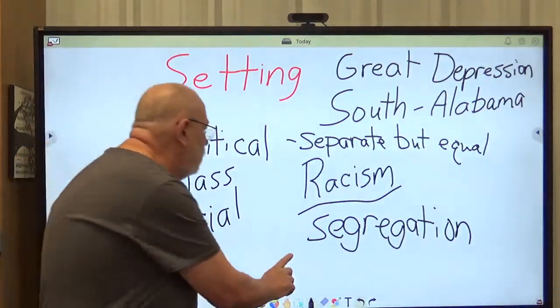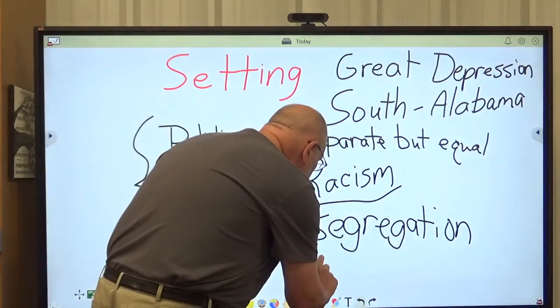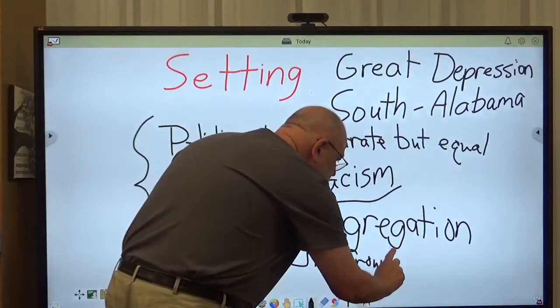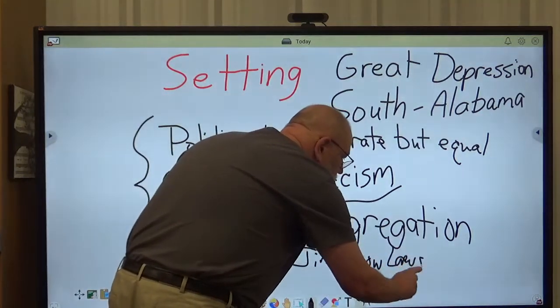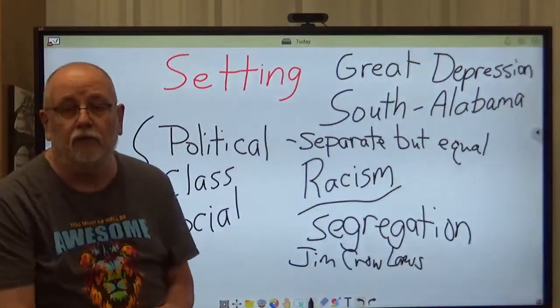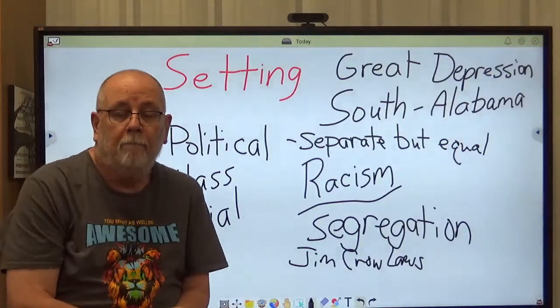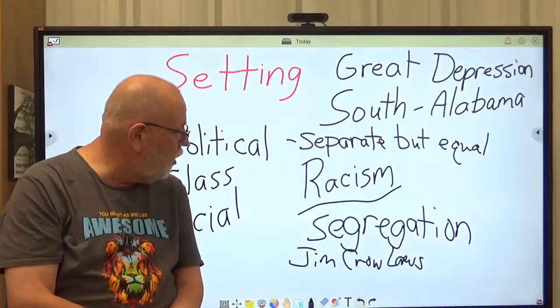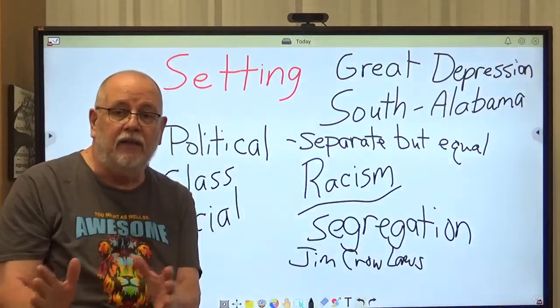There's the thing, and I'm going to have you do some research on this. Maybe one of your research projects. Jim Crow laws. Jim Crow was not a nice term for a black person. Okay? They were called Jim Crow laws. And what the Jim Crow laws did is they kept whites and blacks separate.